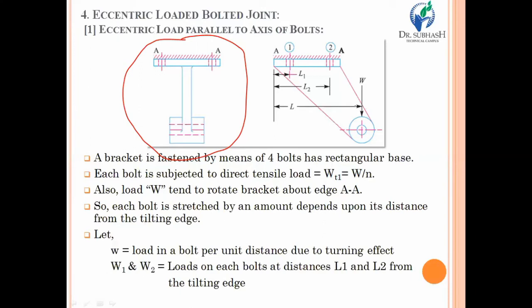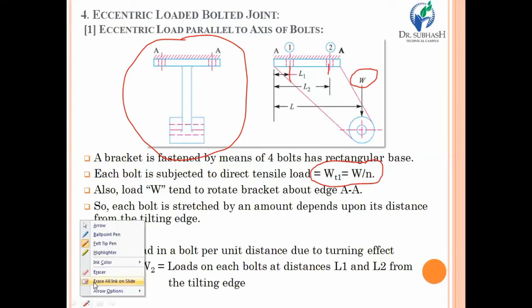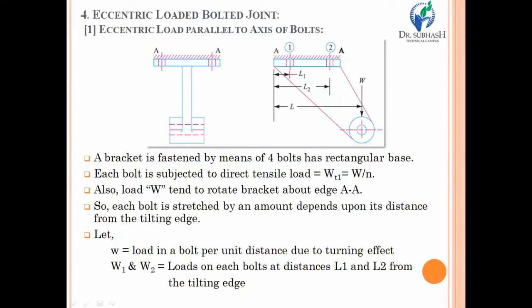Now, due to this external eccentric loading W, each bolt is loaded with a direct tensile load, so it will become total load upon the number of bolts. It's very simple. Now, the effect of that external loading W is not only to put the direct loading on each and every bolt. It will also cause a twisting moment because it is eccentric.